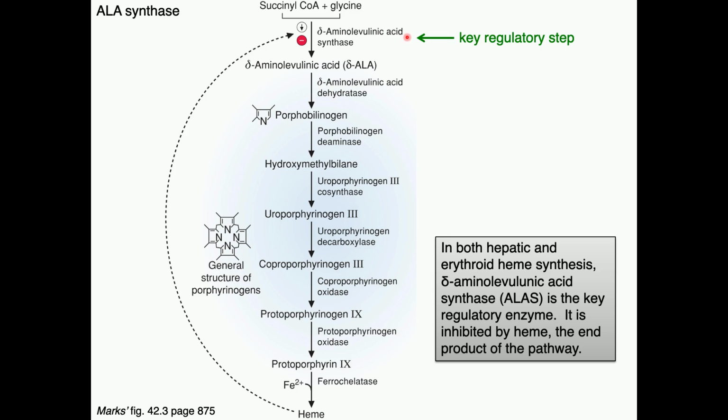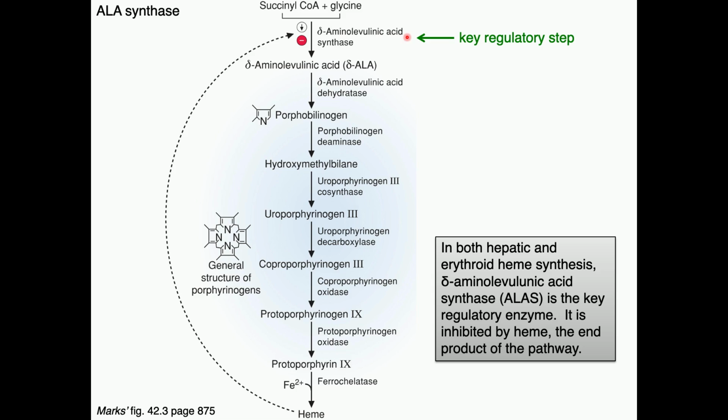So this is wonderful in healthy people that don't have any issues with the pathway. However, this negative feedback inhibition causes real problems if we have a block at some point in the pathway.